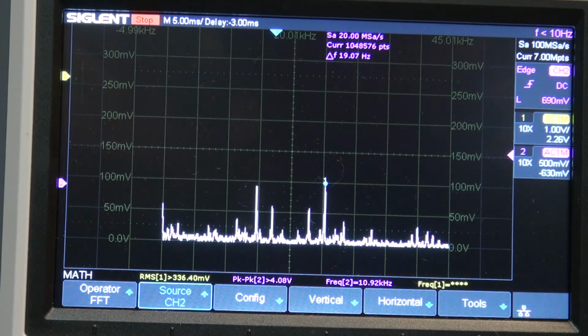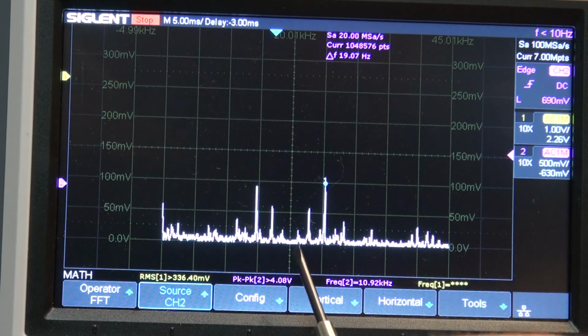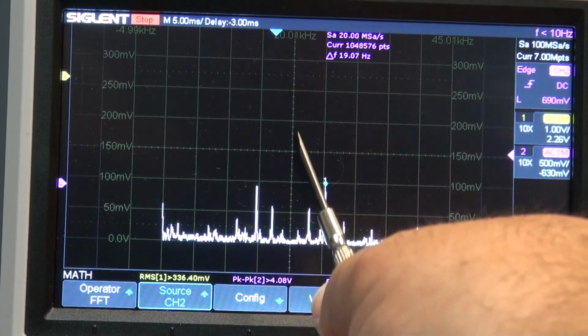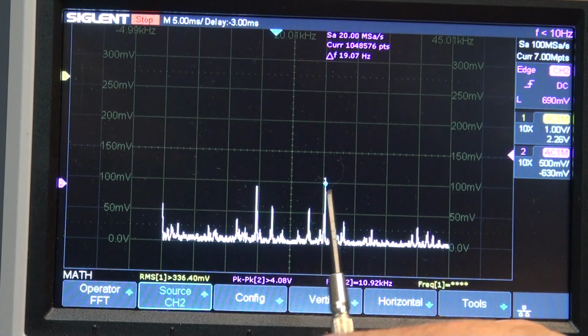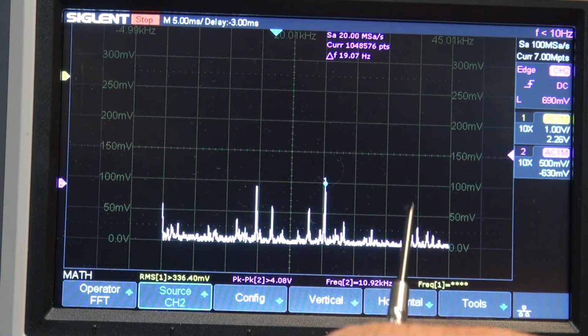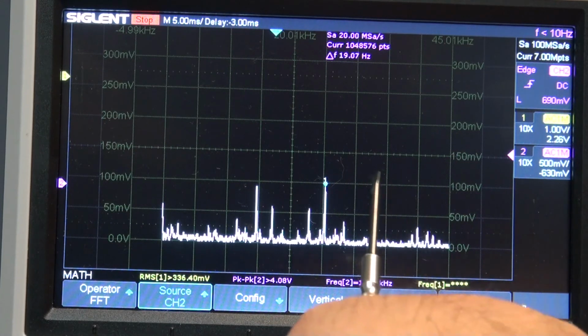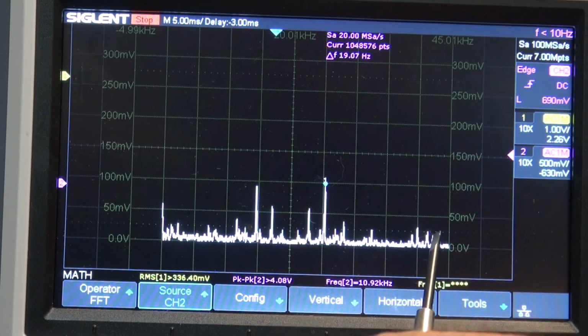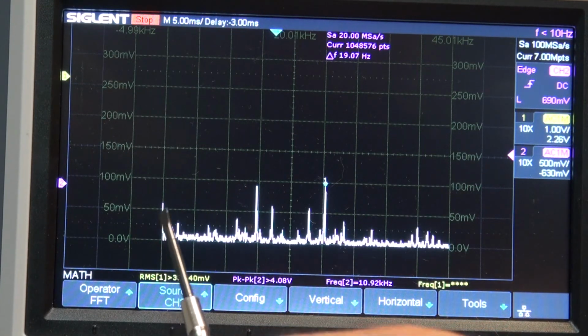Okay, so the modulating frequency is set at 20 kilohertz there, and more or less this side looks like a mirror image of this side. So this has the shape of the original spectrum, not flipped. This has the shape of the spectrum, mirror flipped.